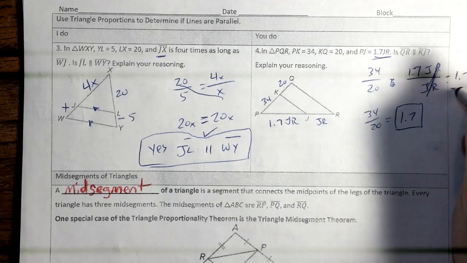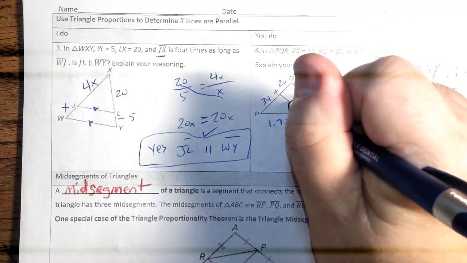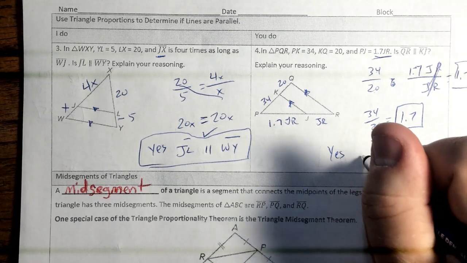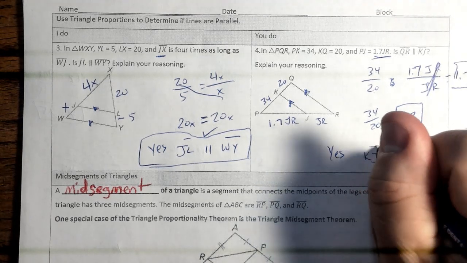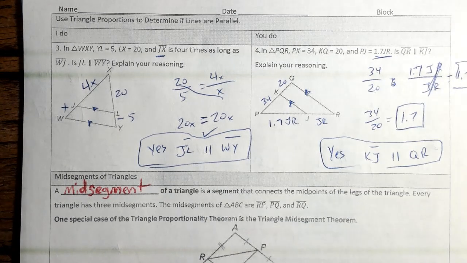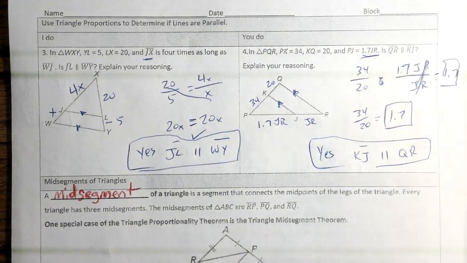So this is 1.7, this is 1.7. It asked if JK and QR were parallel, and yes, KJ is parallel to QR, because those two are in the same proportion.